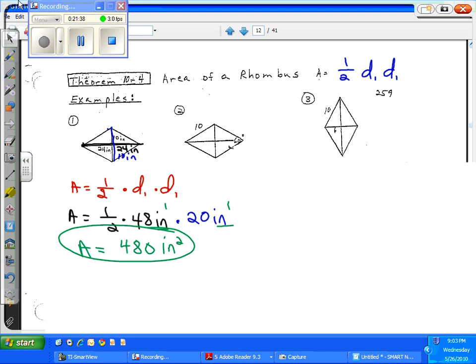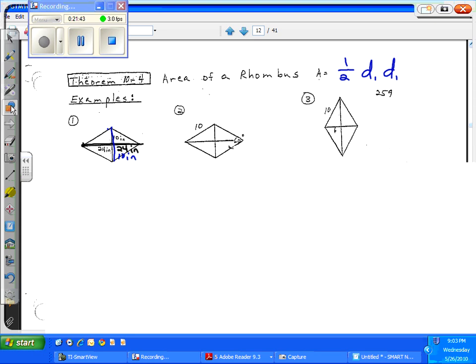Okay. Example 2 in a rhombus. We need to know the properties of a rhombus. The definition of a rhombus is that it's a quadrilateral with 4 equal sides. The properties of the diagonals are that the diagonals bisect each other.